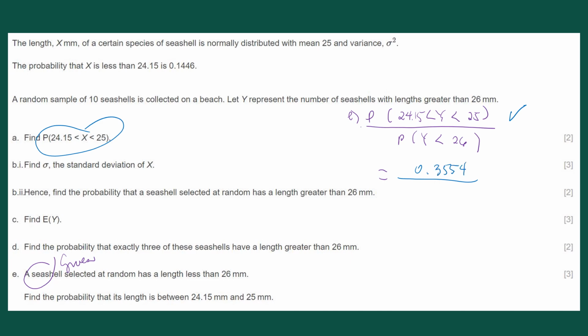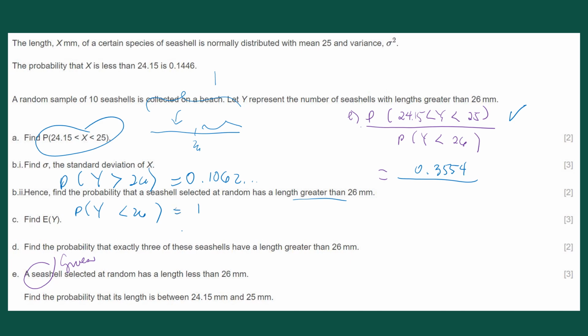But for letter B, this gives you the probability that y is greater than 26, and what we're looking for is less than 26. This has the value of 0.106, again referring to your previous solution. So to get the probability that y is less than 26, we just look at the complement. The whole thing is 1, 100% being the perfect probability.